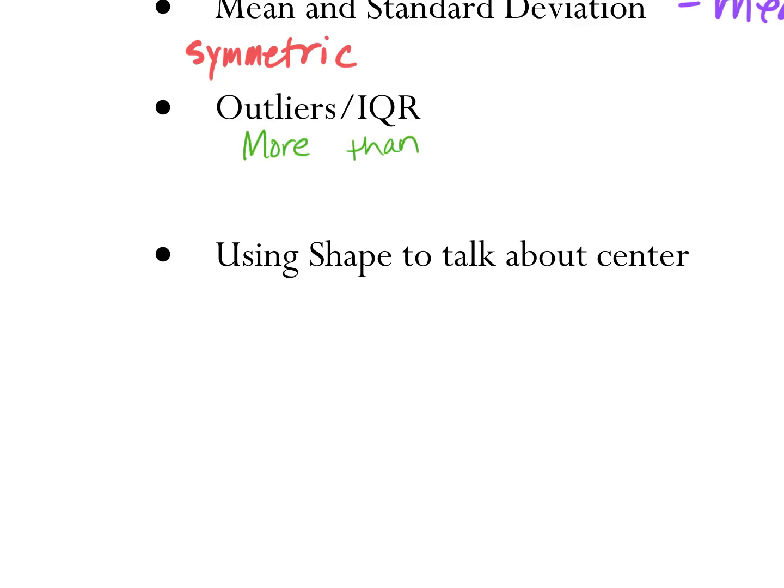The IQR rule is anything that is more than 1.5 IQRs from either Q1 or Q3. Technically, strictly equal to is not considered an outlier. It has to be strictly more than. Okay?